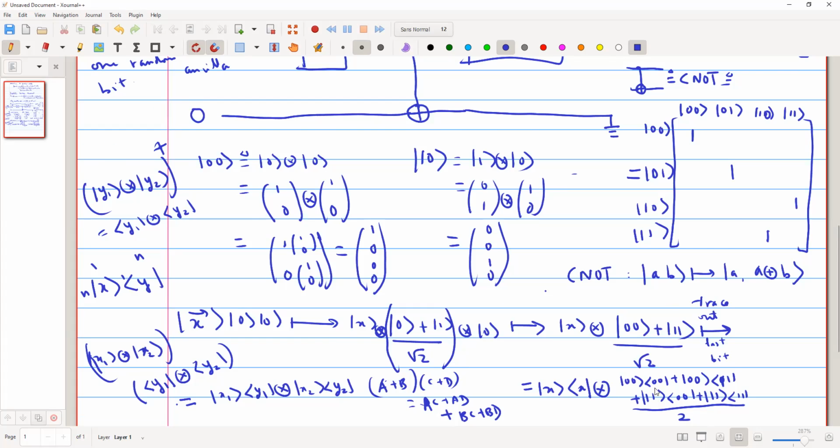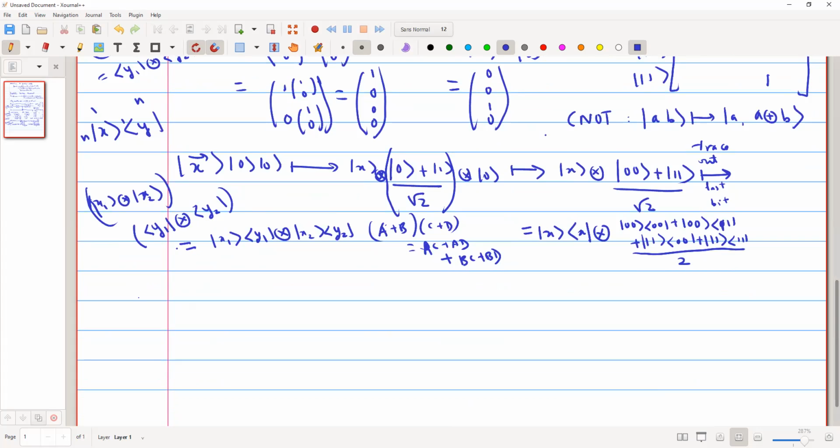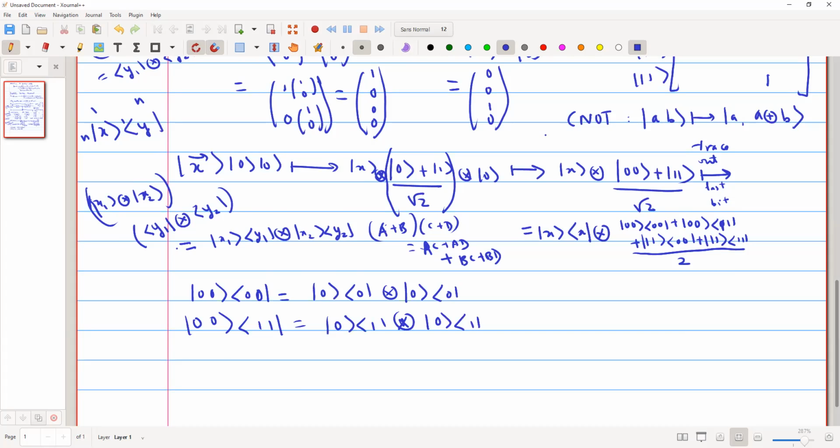Again, of course, I'll be using things like this, and similarly, let's do one more term, 00 with 11.